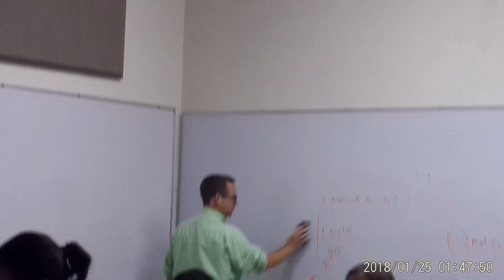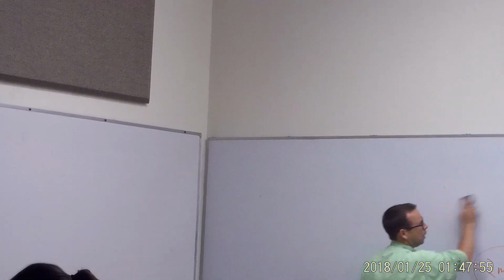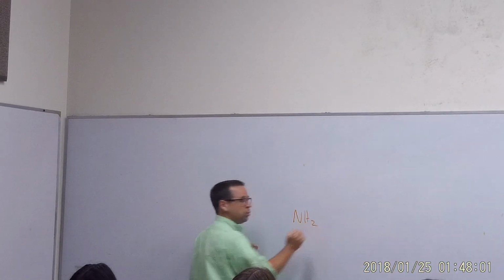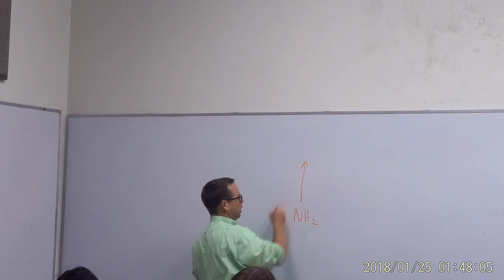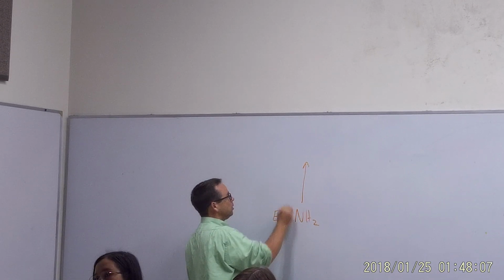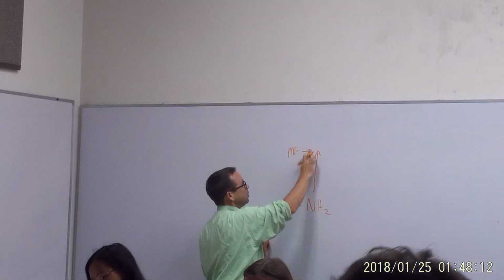So between the empirical formula and the molecular formula, there's some sort of a multiplier, right? So for example, NH2 was our empirical formula, and we wanted to know, I'll write empirical formula here. We want to know the molecular formula. Whoops, supposed to be an equal sign there. Okay?